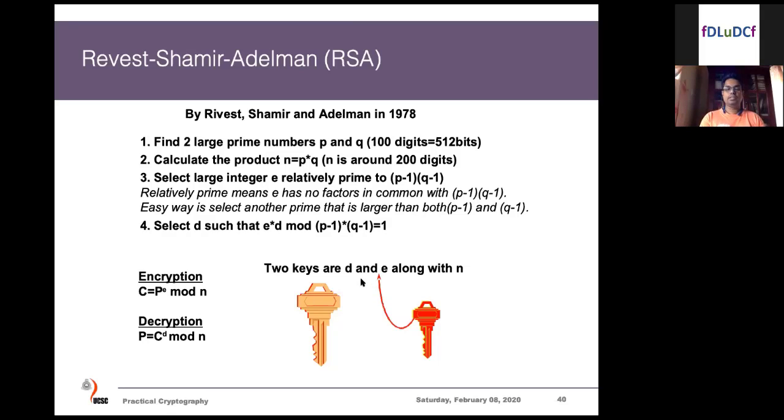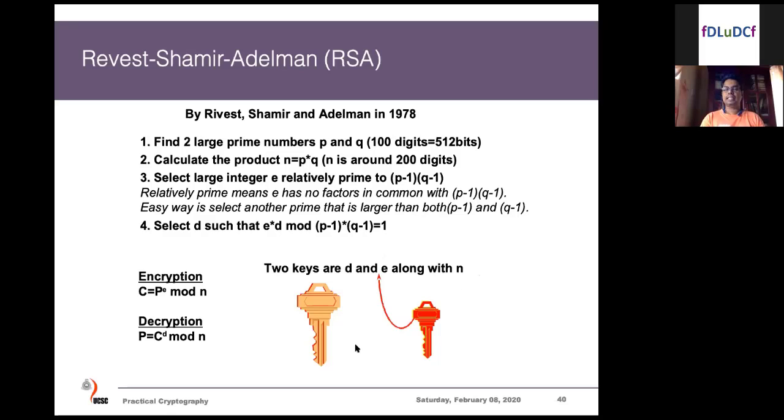We call D the private key and E the public key. Along with D and E, we should know N. After the key generation, as the key generator, I should keep D and N as my private key with me.